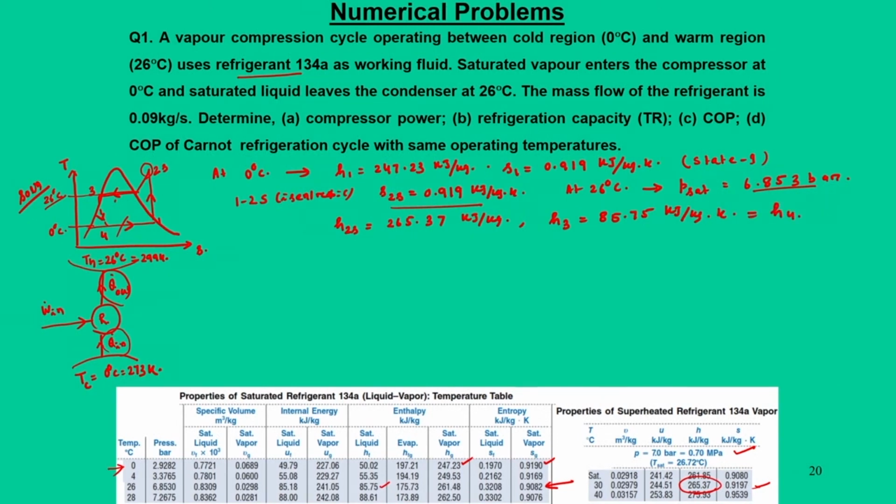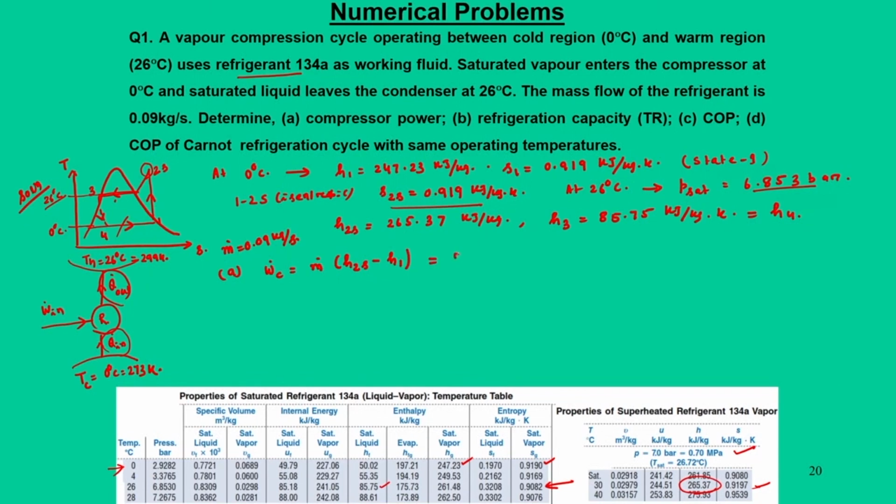Through this process we know the enthalpy at every point, and we also know the mass flow rate is 0.09 kg per second. Now, it is easy to calculate the properties. So, W dot C is equal to m dot times (H2s minus H1).